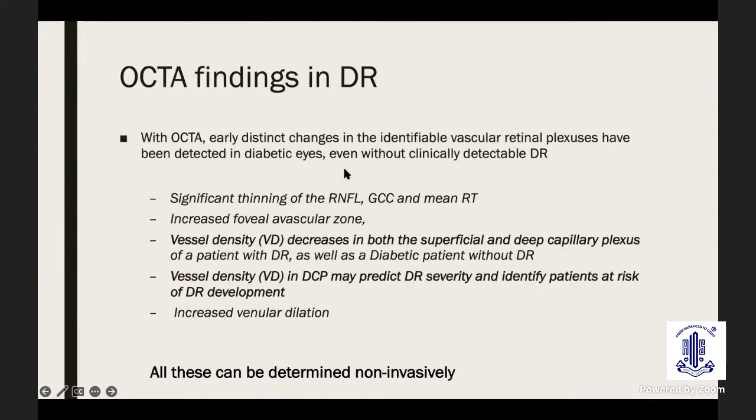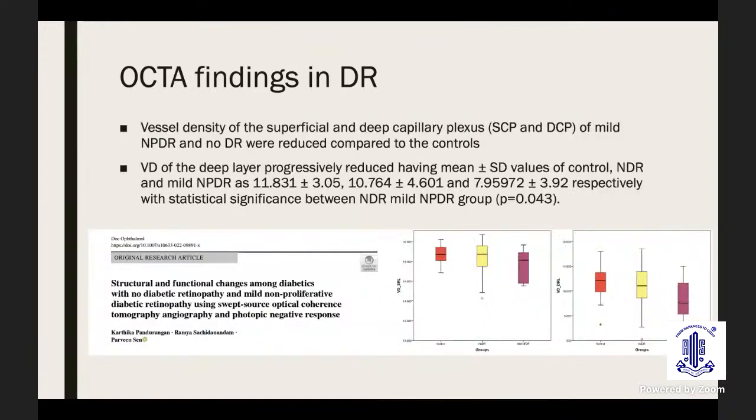What happens on OCTA? The typical findings seen in DR include thinning of the RNFL or the GCC, and an increased foveolar avascular zone. There is a decrease in the vessel density, both in the superficial and deep plexuses. We have seen in the previous talks by the speakers that the quantitative analysis can all be assessed non-invasively.